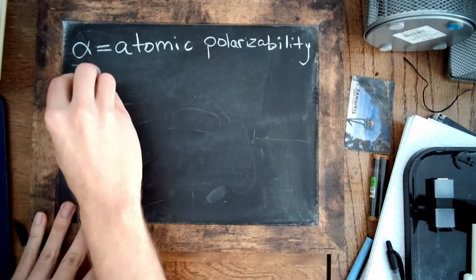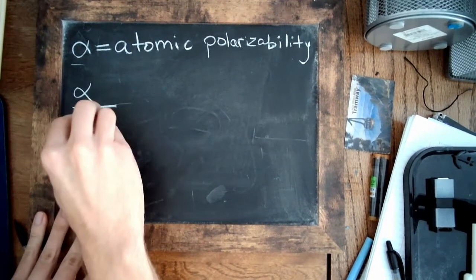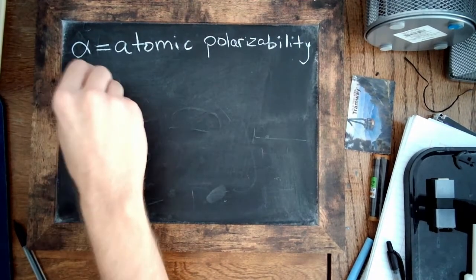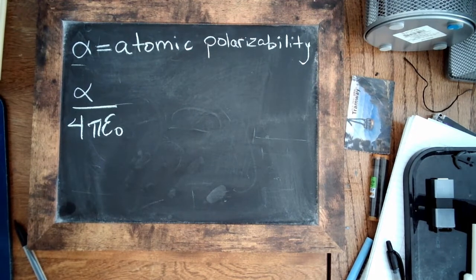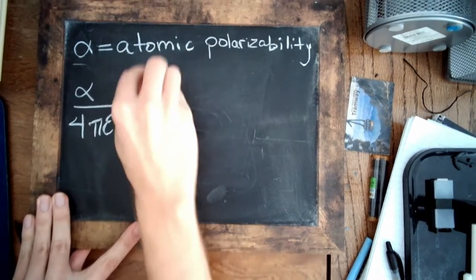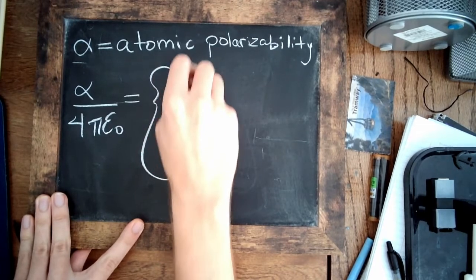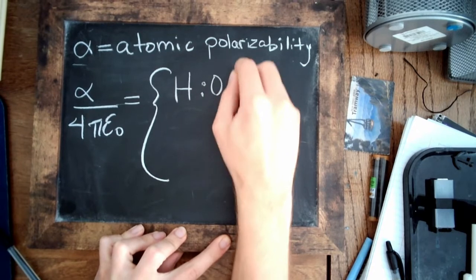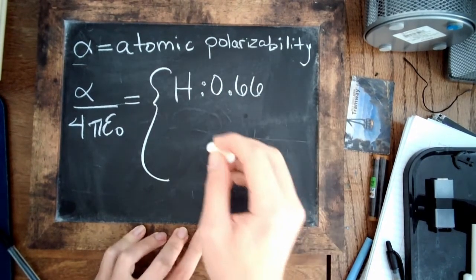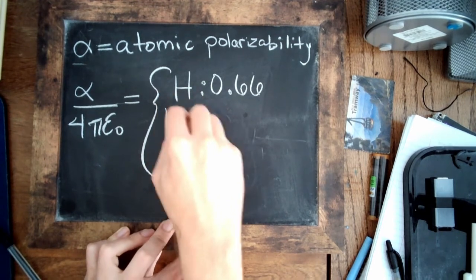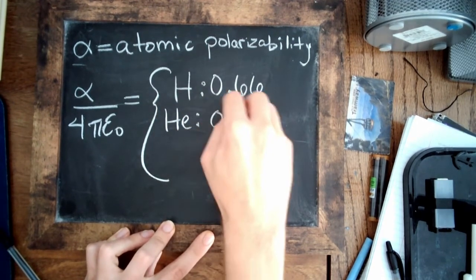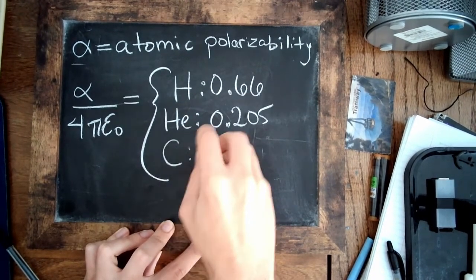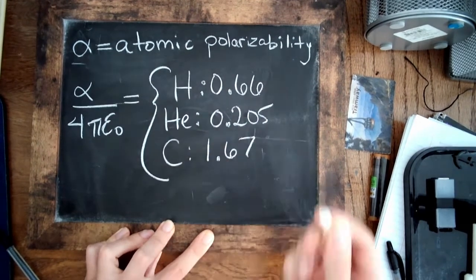And how people express it a lot of times is in this sort of reduced alpha, where we divide by our favorite constants from electrostatics, so we can report alpha over 4 pi epsilon 0 for a few different atoms I picked out for you. So for hydrogen, for example, the number is 0.66. For helium, the number is 0.2, 0.5, and for carbon, the number is 1.67.